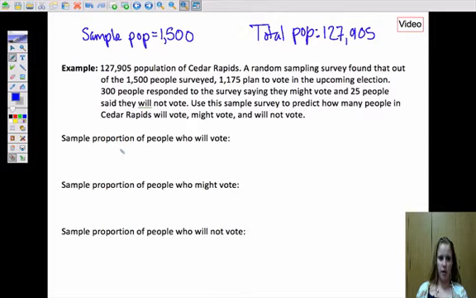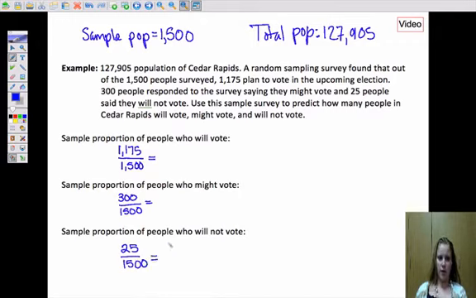Well, we were told 1,175 of those 1,500 are going to vote. The sample proportion of people who might vote would be the 300 out of the 1,500. And then the sample proportion who will not vote would be the 25 out of 1,500.